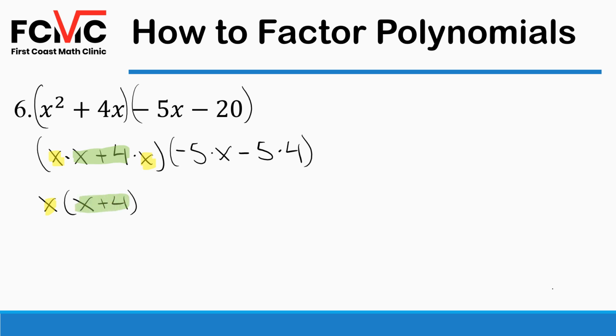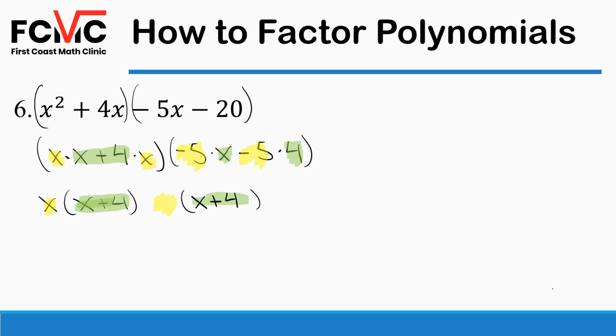Now from example number 5, we should remember that whatever we got here, we should get here, right? So we know that this value should be x plus 4 as well. Okay, well, where do we see an x plus 4? Well, we see an x here, and we've got a positive 4 here. This minus sign is on the 5, so that minus 5 and minus 5, that's going to be our GCF, and we're going to put that right here.